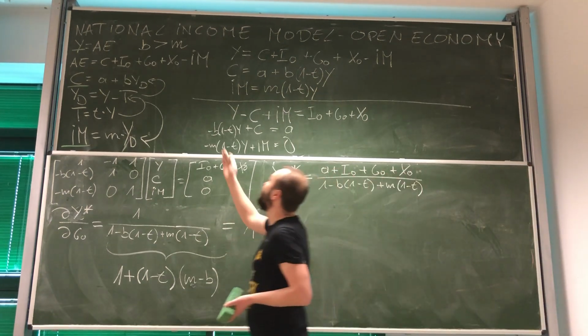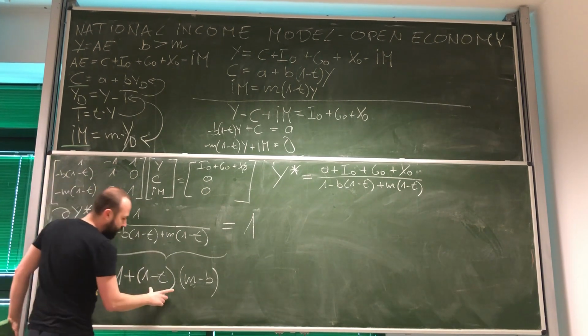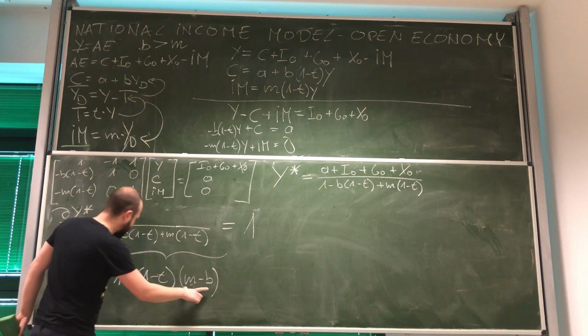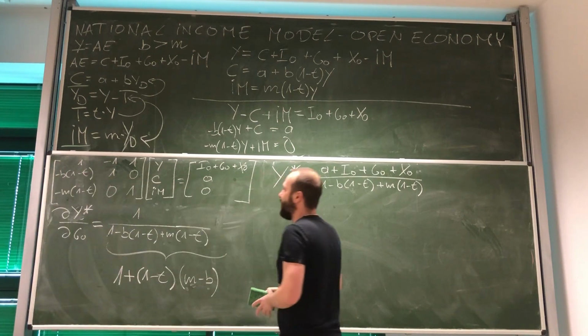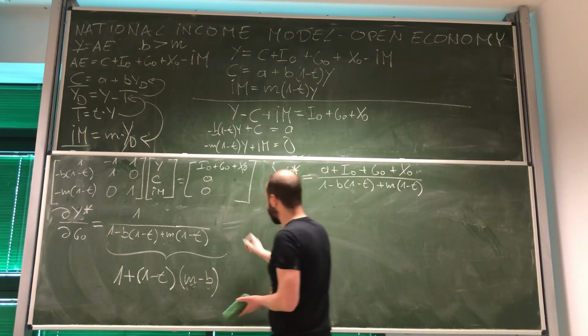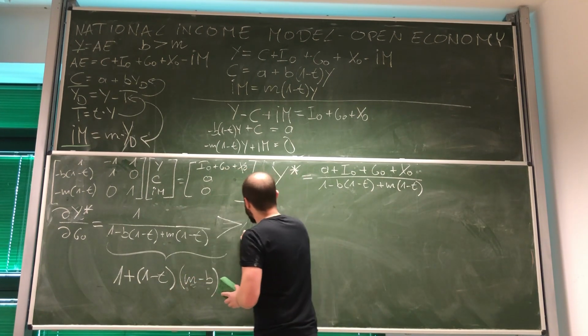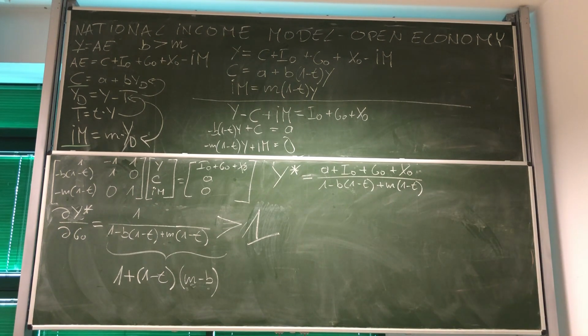However, if we maintain the assumption that b is bigger than m, we will be subtracting, we will get a negative outcome here, we will be subtracting something from 1, and this is what we are actually doing. And we can say in this case that this expression is bigger than 1.